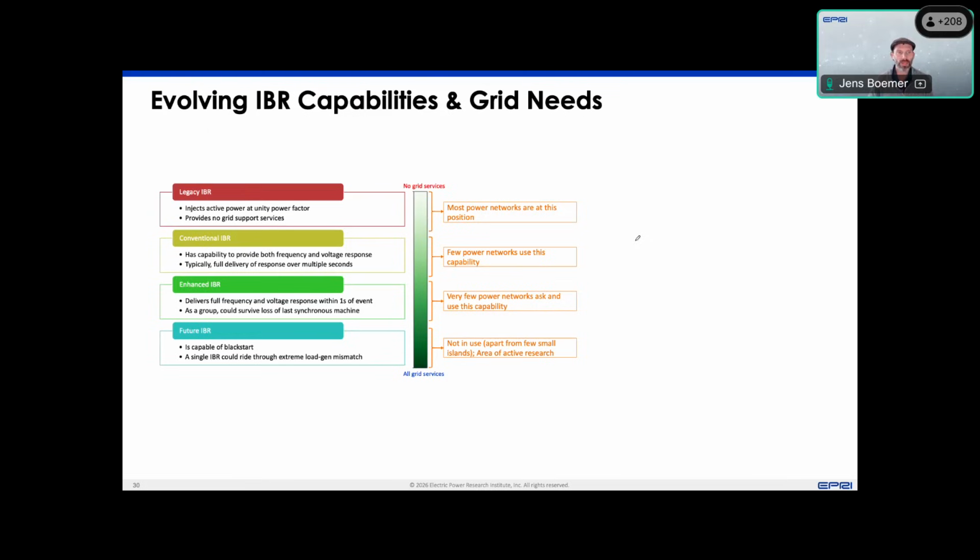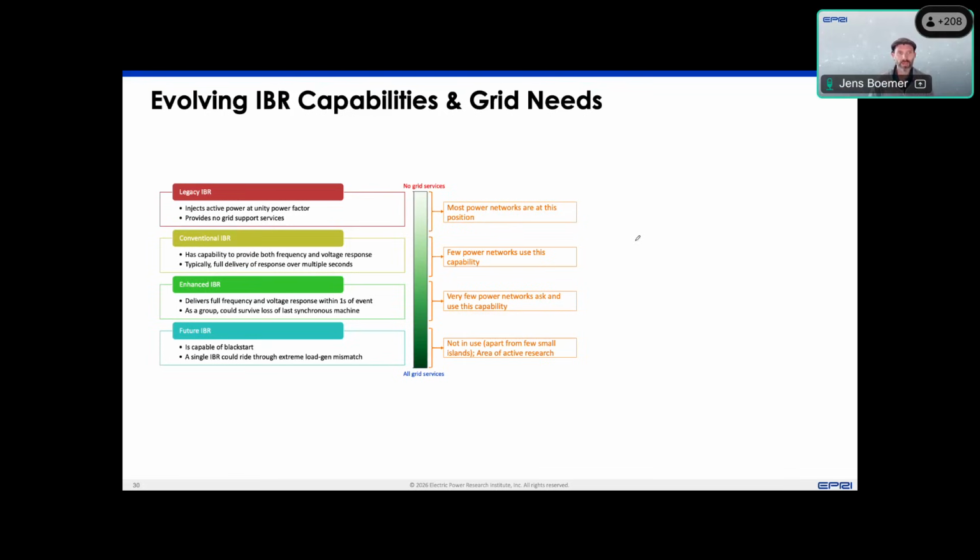Then conventional IBRs that have more capability, they may be able to provide frequency and voltage response, but it takes them a couple of seconds in order to provide that response to the grid.